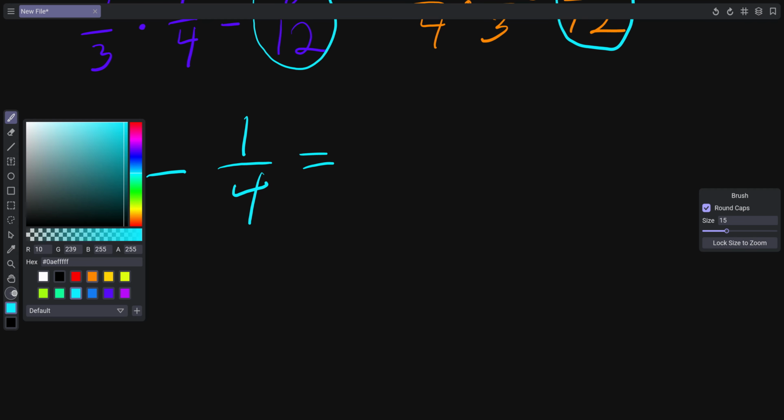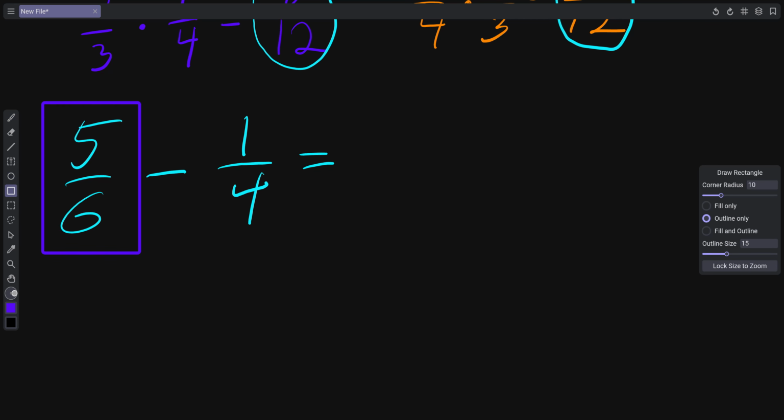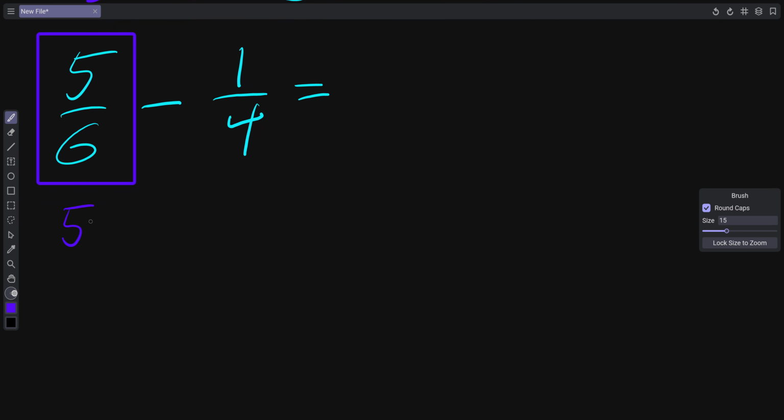I'll show you. We'll start with 5/6 and bring that down here. We'll multiply this by 2/2, which gives us 10/12, and we won't simplify it because we want it to stay like this.